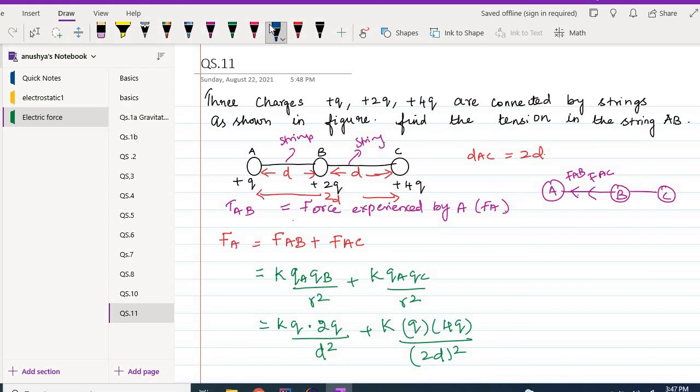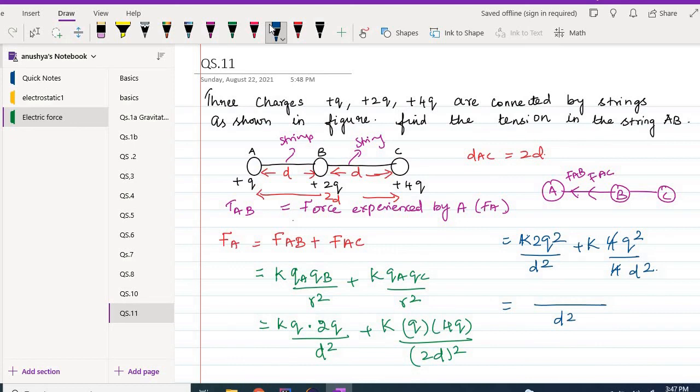Then we can simplify this. We'll get K 2Q square by D square plus K 4Q square by 4D square. So this 4 you can cancel out, then D square will be there.